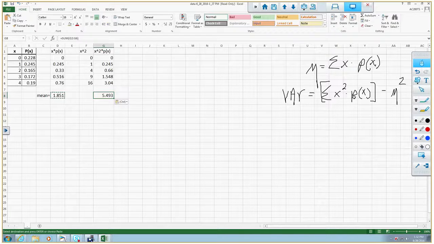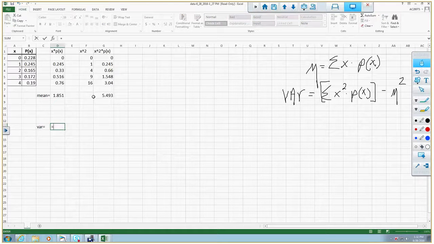So the variance, I'll just go down here. Variance is equal to this guy minus parentheses this guy squared. And then what is the standard deviation? That, what? To the 0.5 power. Square root. And there you go.